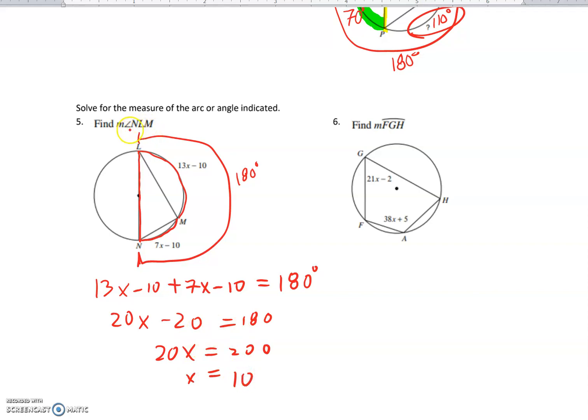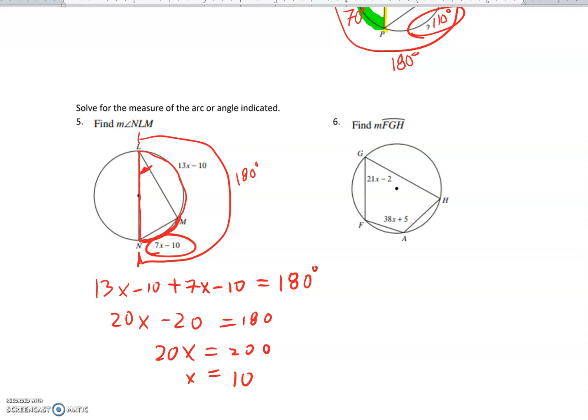We're finding the measure of angle NLM, that is this measure right here. That's going to be half of its intercepted arc, which is 7x minus 10.